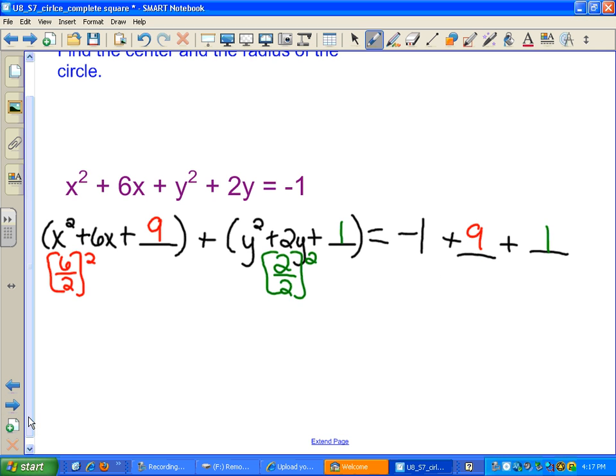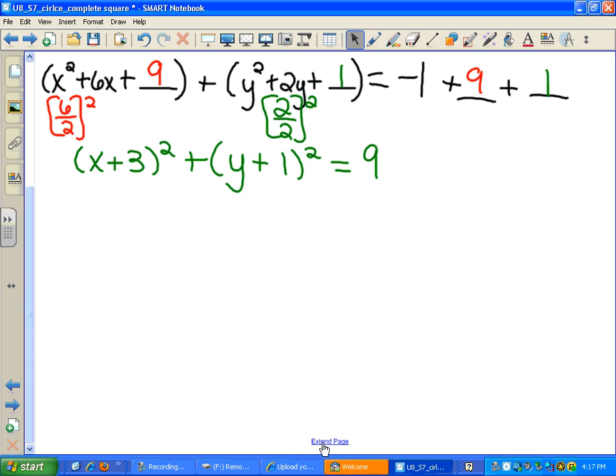Now when I complete this square, it's going to be (x plus whatever b divided by 2 is. And so 6 divided by 2 is 3) squared, plus (y plus my b, which is 2 divided by 2, is 1) squared equals, well, negative 1 plus 9 is 8, plus 1 is 9.